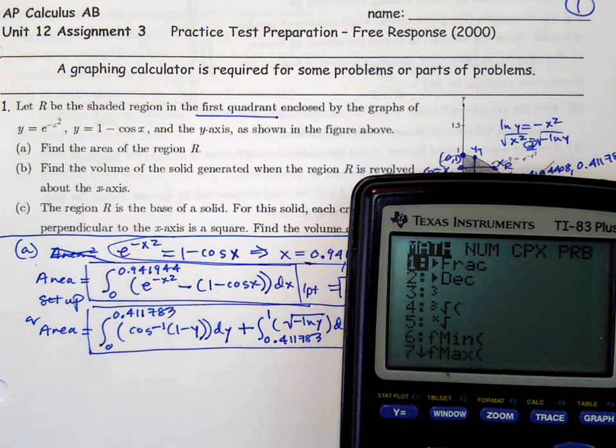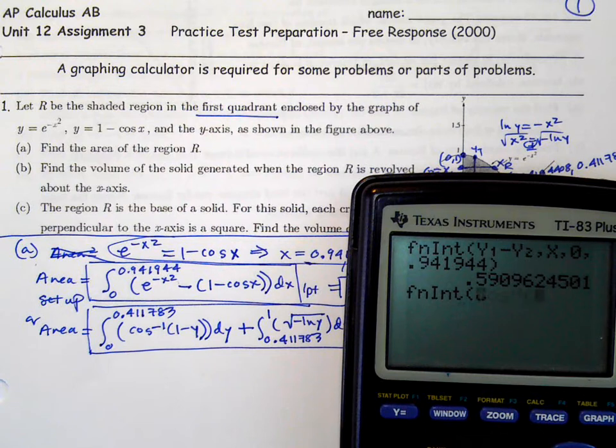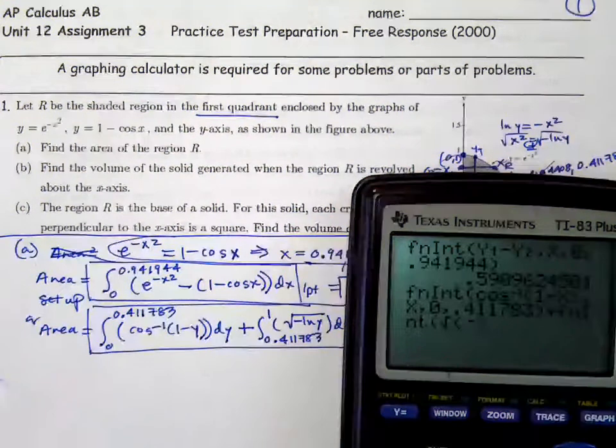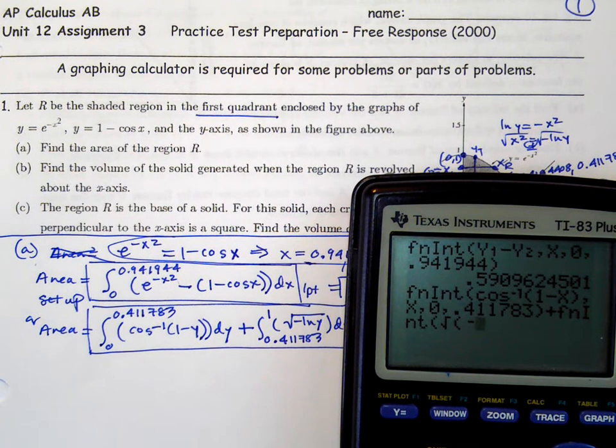Math 9, inverse cosine of 1 minus x, putting x's, comma x, comma 0, comma 0.411783, plus math 9, square root of negative natural log of x, close, comma x, comma 0.411783, comma 1.